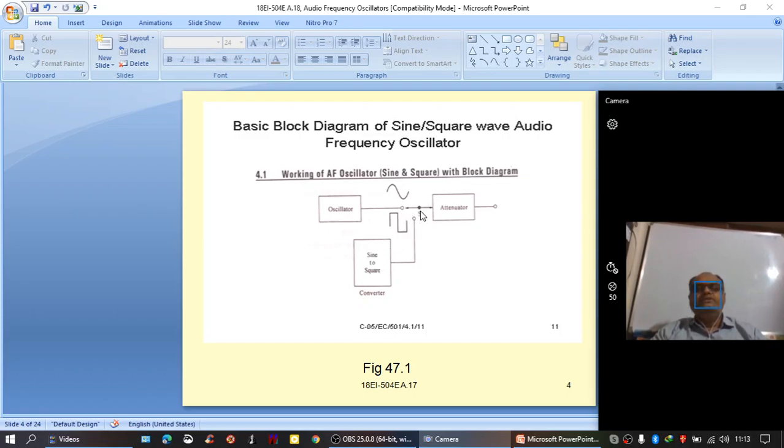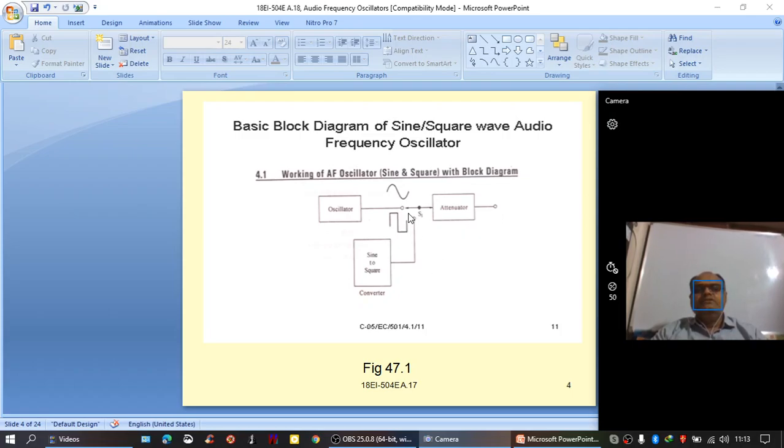The function switch connects the attenuator either to oscillator or to the sine to square wave converter. When the function switch is connected to oscillator, the output available at the attenuator is variable frequency, variable amplitude sinusoidal signal.